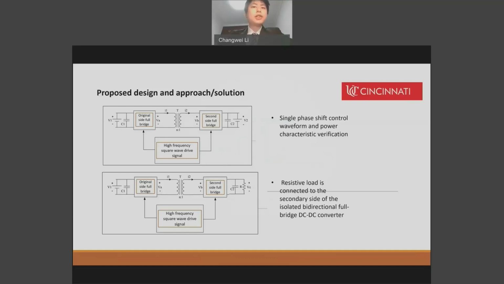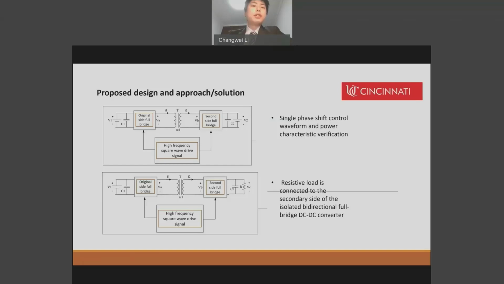One is the simulation and verification of the operation waveform and power characteristics under single-phase shift control, for the circuit structure. In figure 1, the primary side and the secondary side of the converter are respectively connected to a constant power supply, adopting single-phase shift control and driving the switching tubes with a high frequency square wave with a duty cycle of 50%.